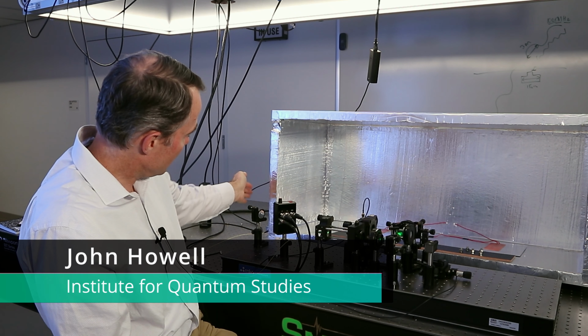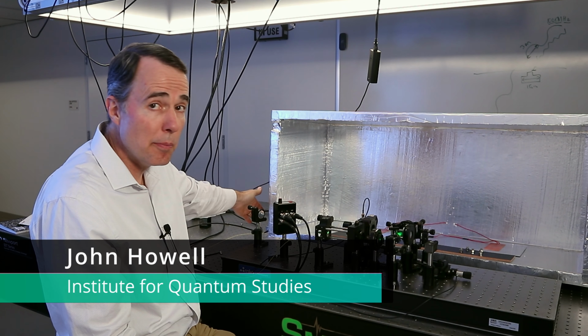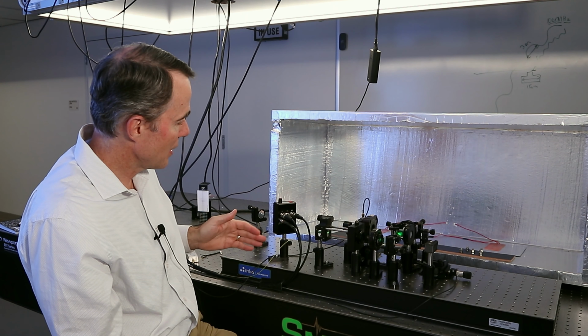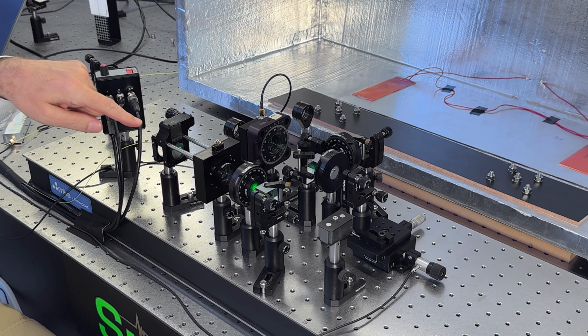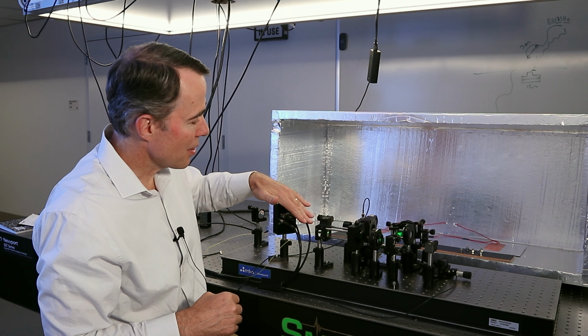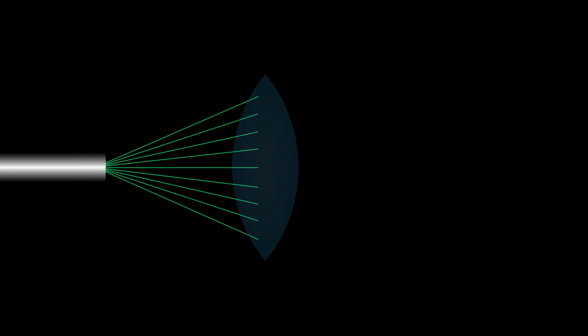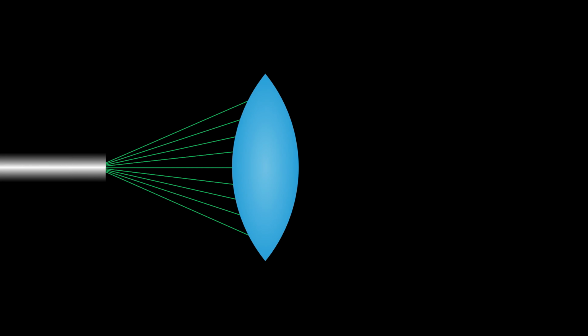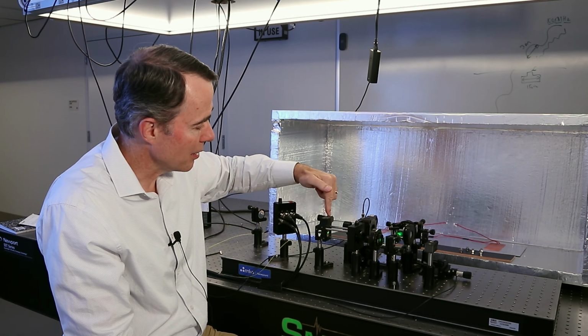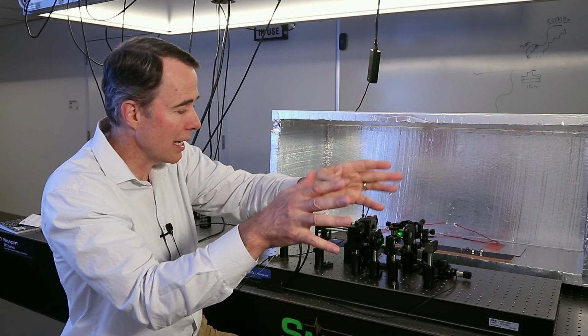What we have is a narrow band CW laser coming in through a fiber to this point. So this light is coming out of this fiber, and when it comes out of a fiber, it expands. So we have a lens placed about 75 millimeters away from where this fiber is letting the light out.